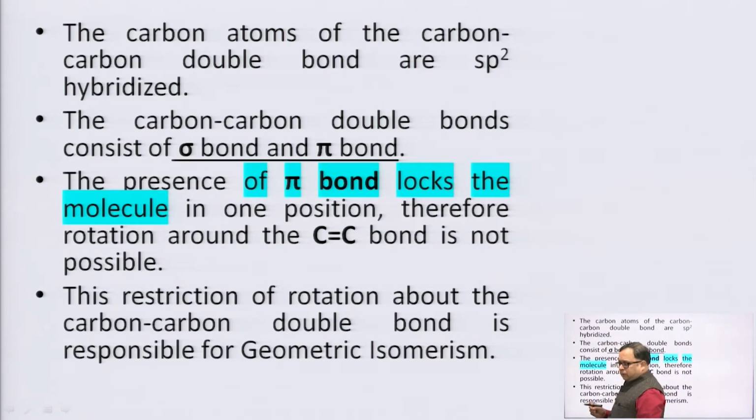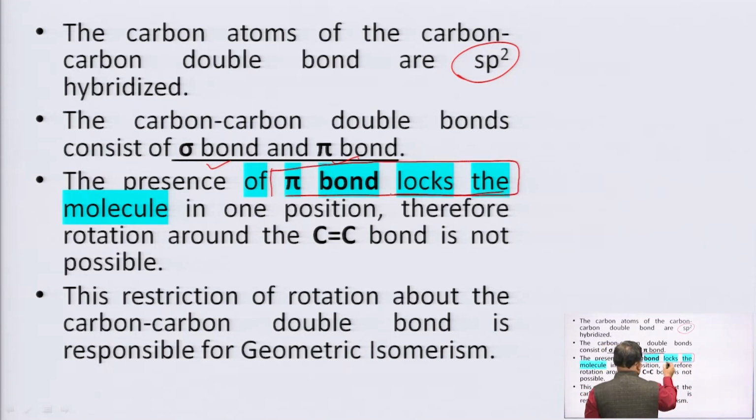Carbon-carbon double bonds are sp2 hybridized. The carbon-carbon double bond consists of one sigma bond and one pi bond, and the presence of this pi bond locks the molecule in one position.